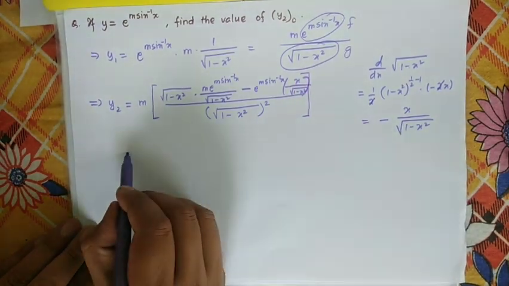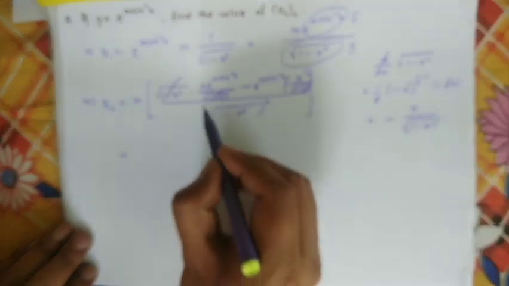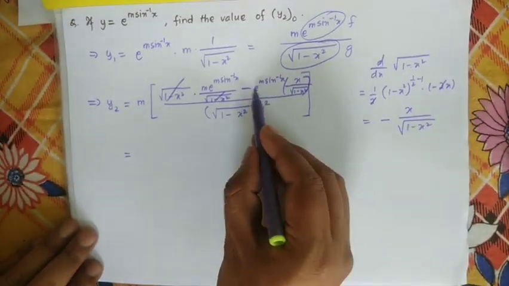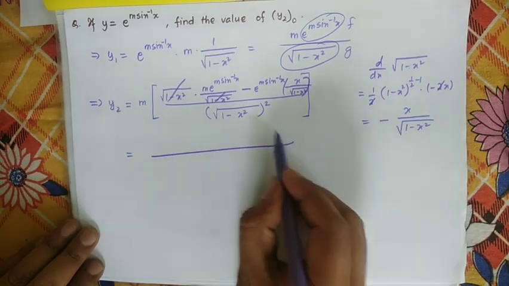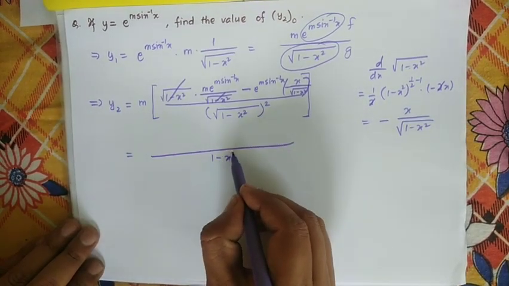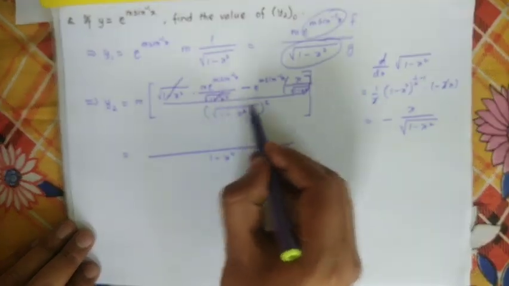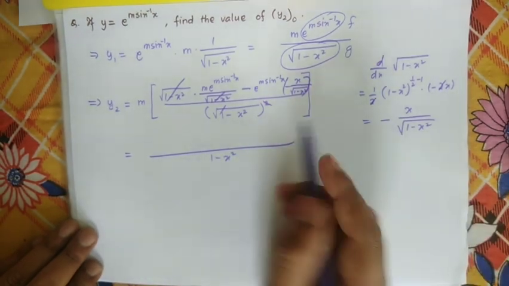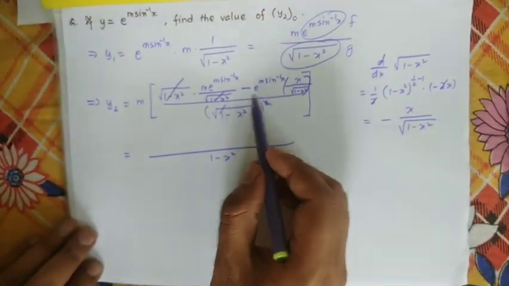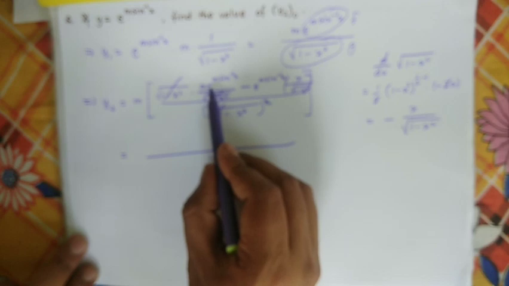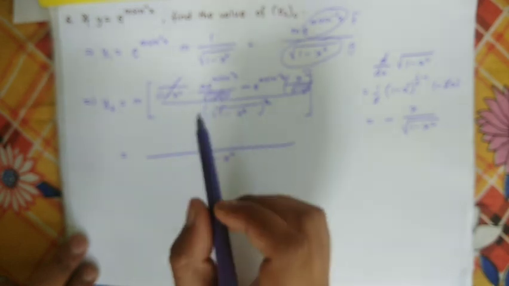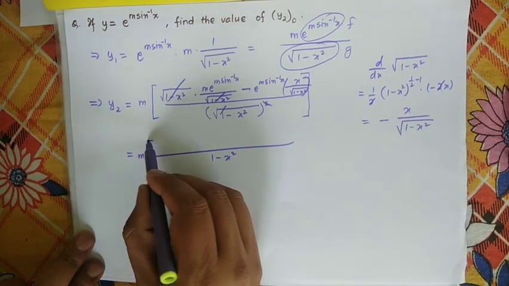Okay, so let me simplify this further. So this and this get cancelled, right? So minus into minus becomes plus, and here also I have got this one, because square root and this can be removed. So I have in the numerator, okay, so e to the power m sine inverse x is common, so m is there.